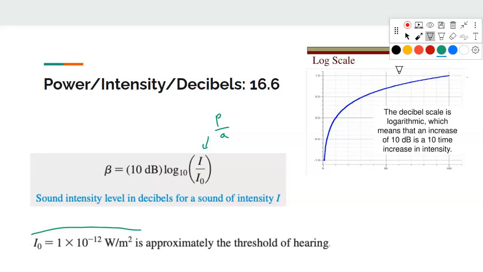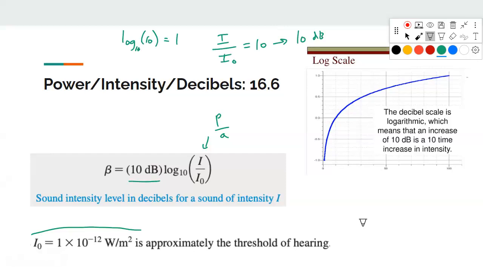So if I over I naught is 10, then if we take the log base 10 of 10, we get 1. And then we multiply the log that we take by 10 decibels. And so for the fraction I over I naught of 10, we get 10 decibels of sound as an example calculation.